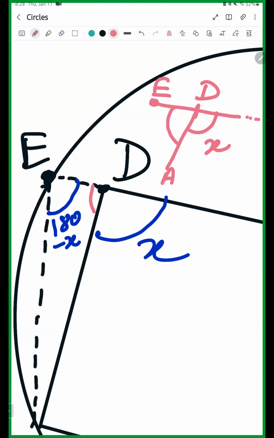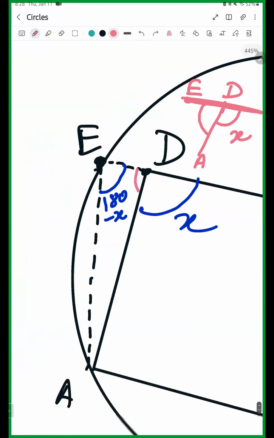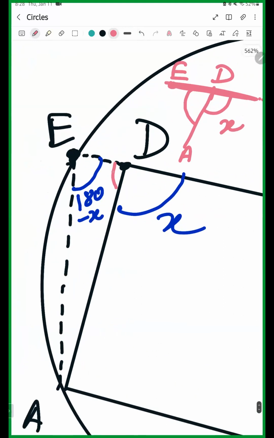It's going to be 180 minus X, right? Because this is a straight line. So let's write it. This one will be 180 minus X.